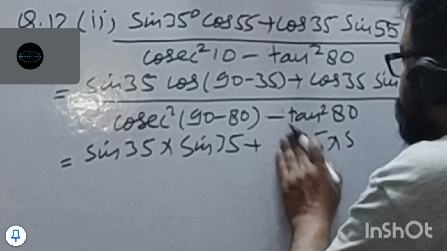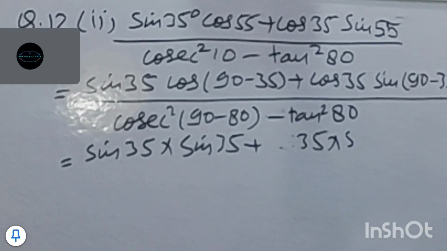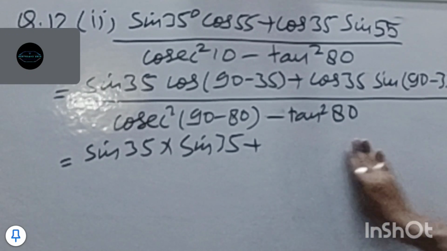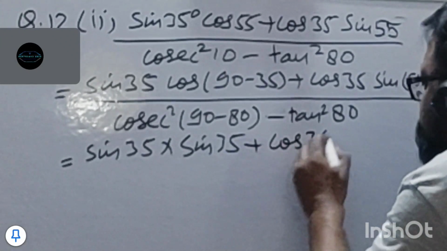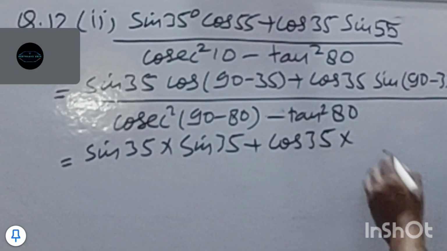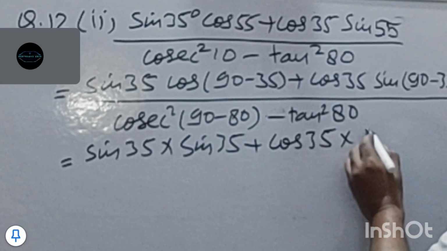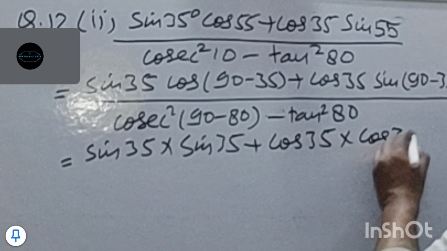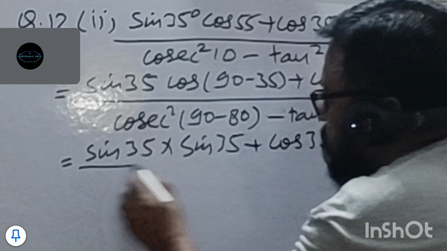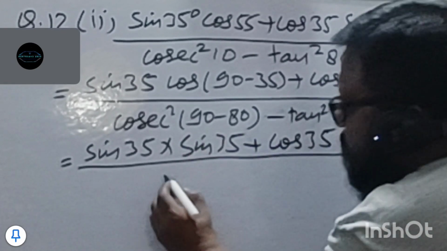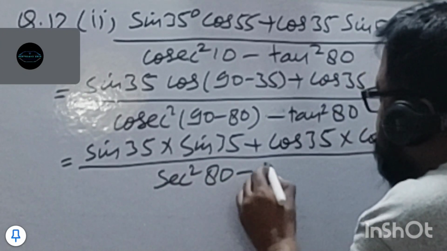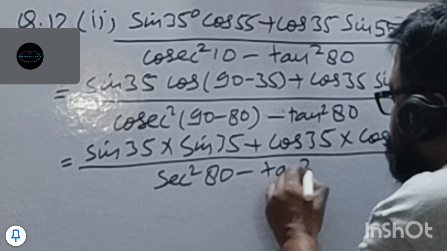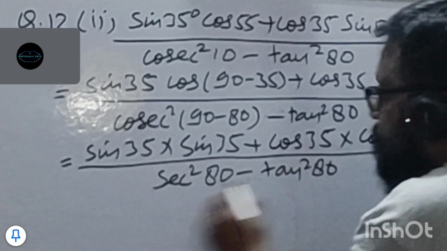I wrote here correctly, that is cos 35 and cos 35, upon sec² 80° minus tan² 80.